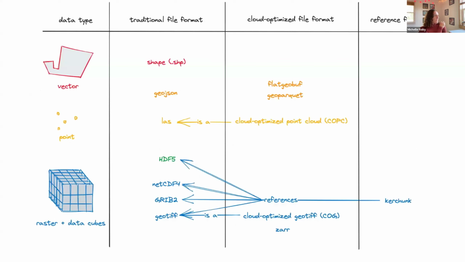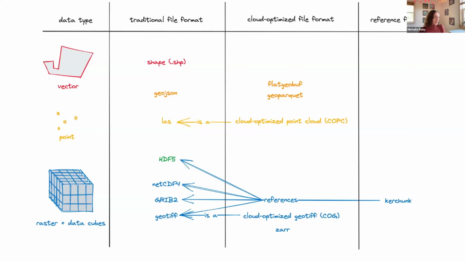This diagram is showing the data types, the traditional file format, and then the cloud optimized file format for replacement, or what people would use that would be more optimized for the cloud. For vectors, we traditionally have used shapefiles or even GeoJSON.